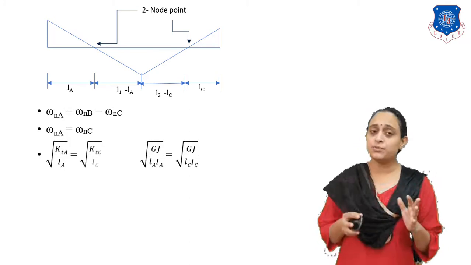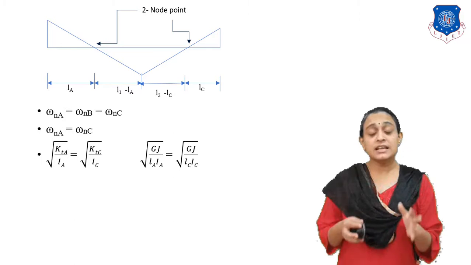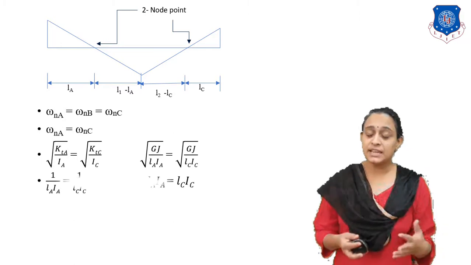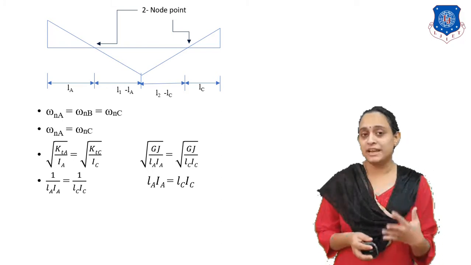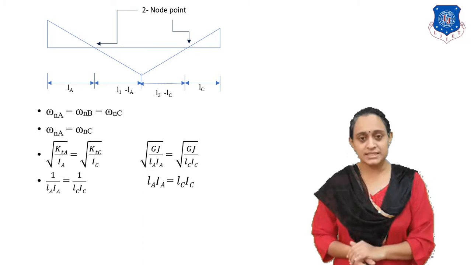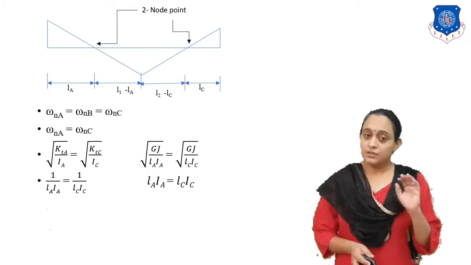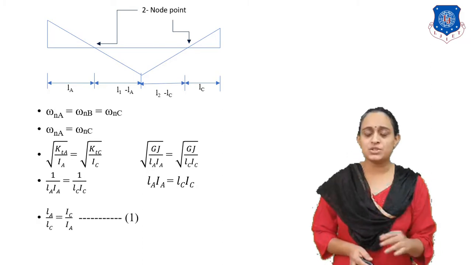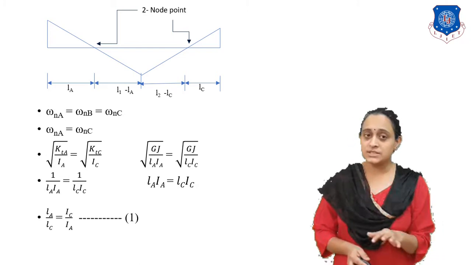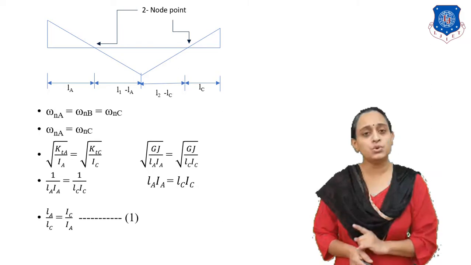This comparison gives us the effect of a two rotor system. By solving this equation, we finally get LAIA is equal to LCIC. We can also write the equation as LA by LC is equal to IC by IA. So this is equation 1 for the two node position.